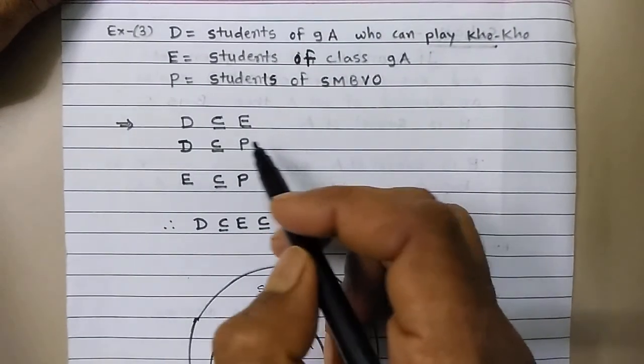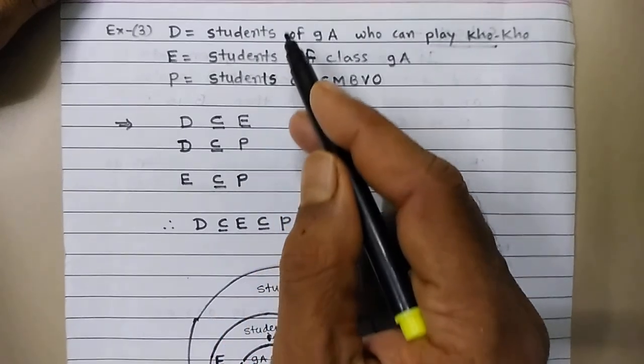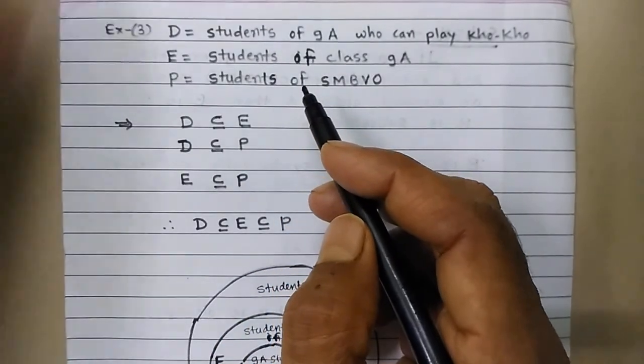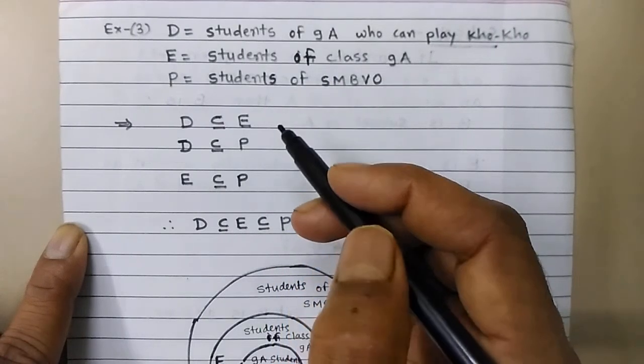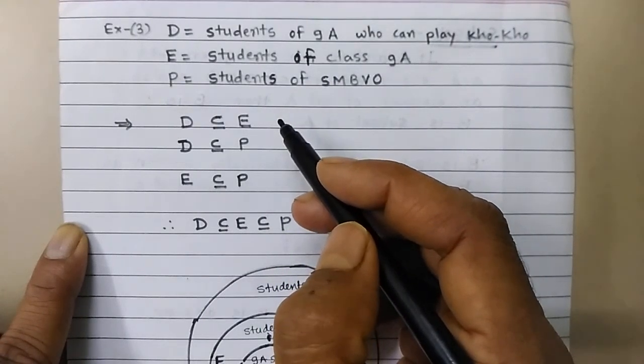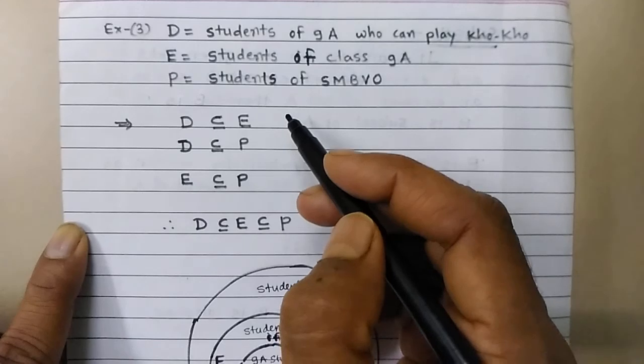Now, it is not necessary to write down all the elements of these sets. Just by imagination, we can write the subset relation, who will be the subset of whom.